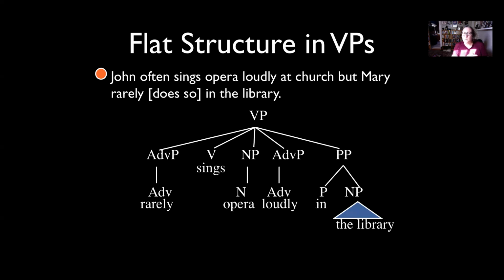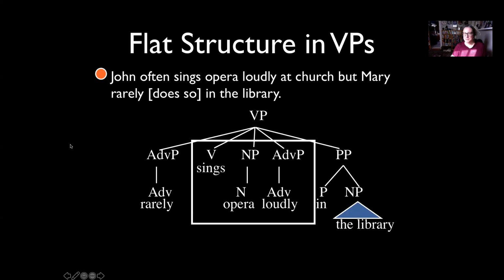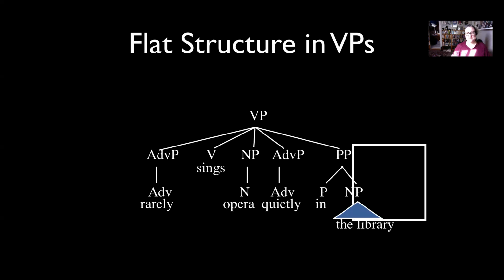John often sings opera loudly at church, but Mary rarely does so in the library. So here the does so is replacing sings opera loudly, right? So now is the constituency sings opera loudly in church or in the library, or often sings opera loudly at church?